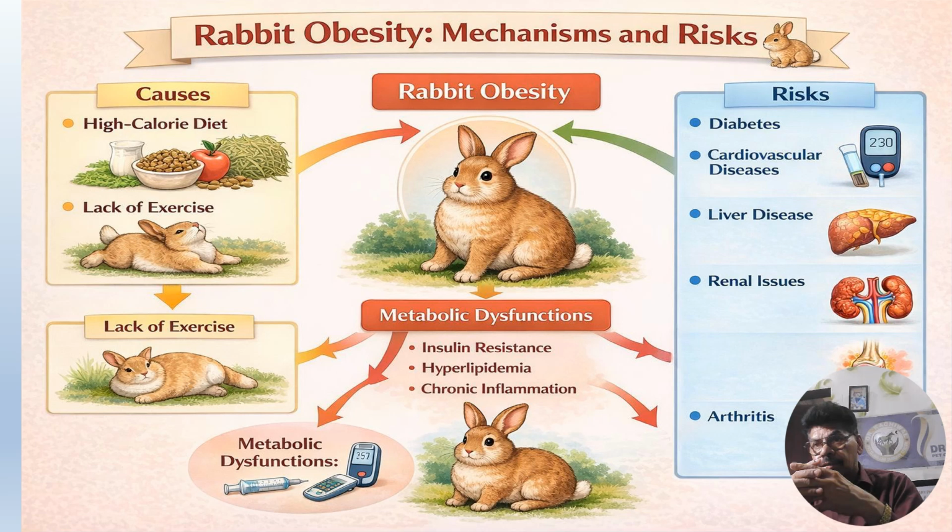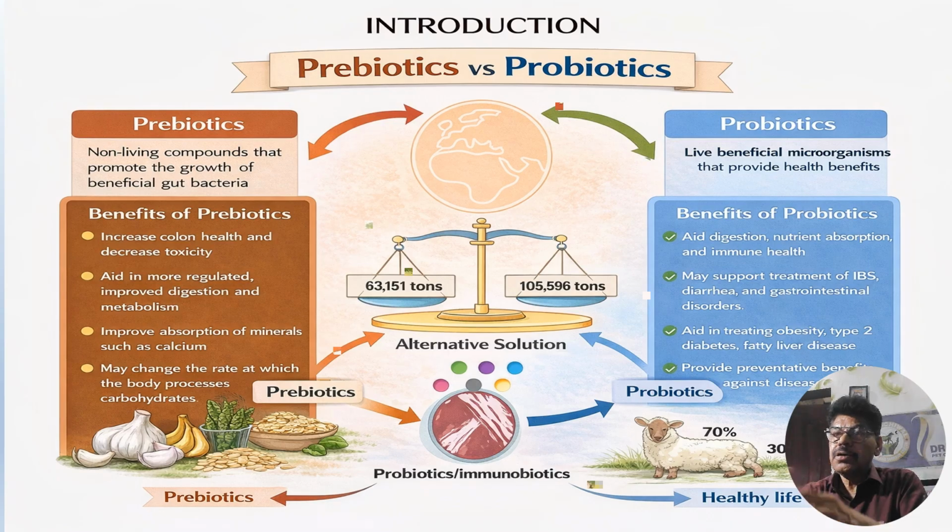This metabolic dysfunction may cause insulin resistance, hyperlipidemia, and chronic inflammation, which may lead towards obesity, and obesity may cause diabetes, cardiovascular diseases, liver disease, renal issues, and arthritis.